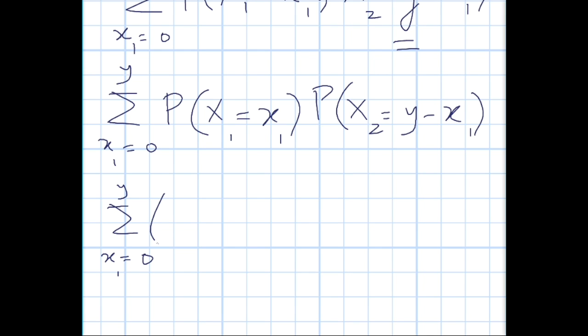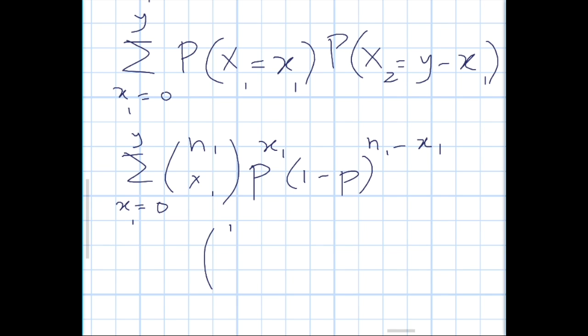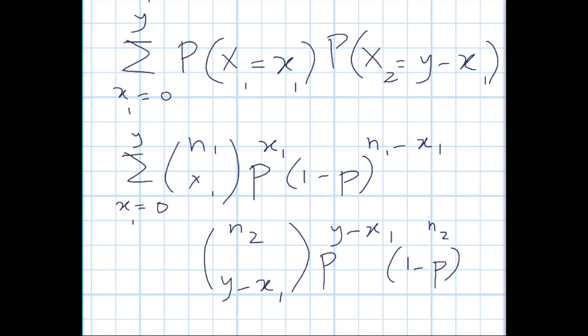So then we have (n1 choose x1) p^x1 (1 minus p)^(n1 minus x1) times (n2 choose y minus x1) p^(y minus x1) (1 minus p)^(n2 minus y plus x1).